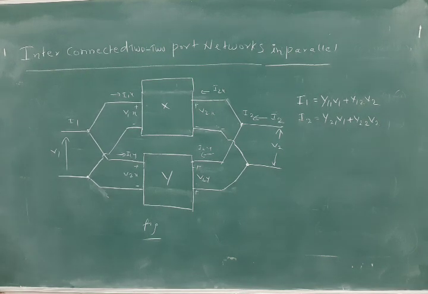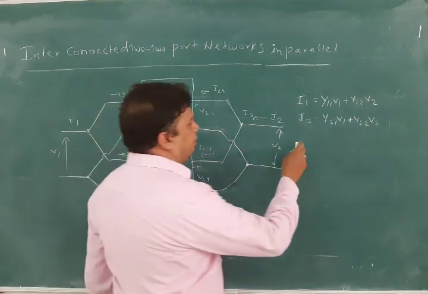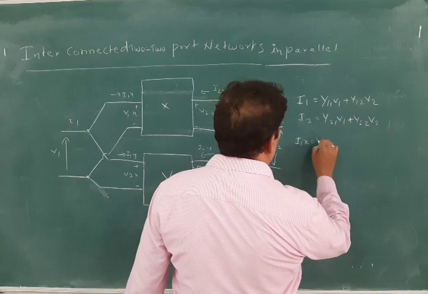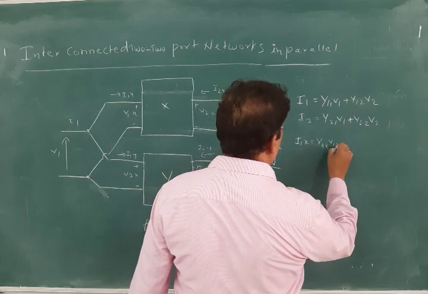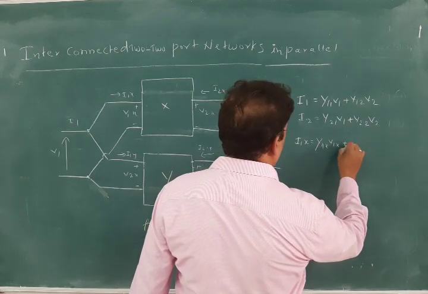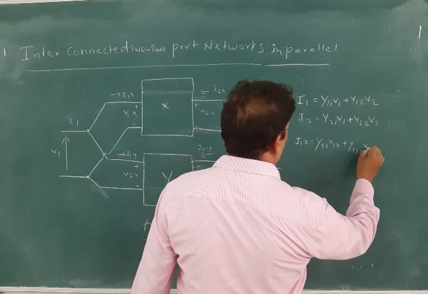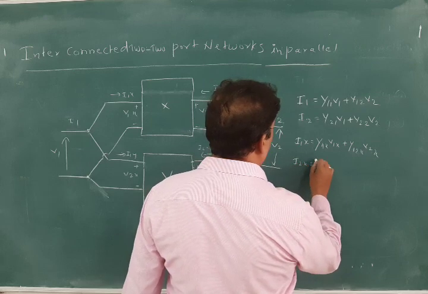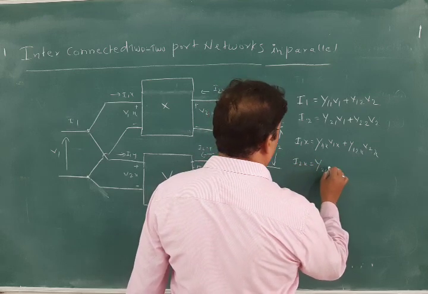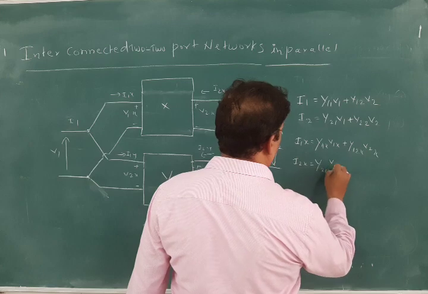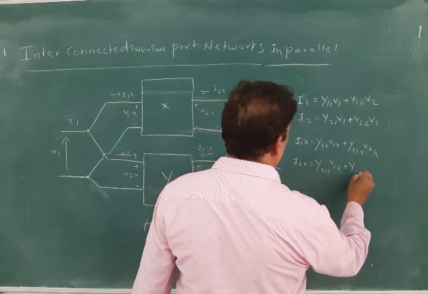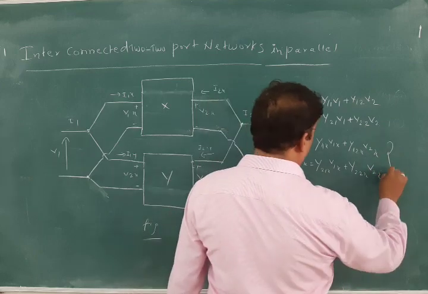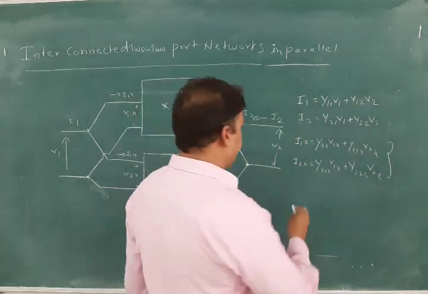We will start writing the equations here. I1X is equal to Y11X V1X plus Y12X V2X, and I2X is equal to Y21X V1X plus Y22X into V2X. This is for the X network. In a similar way we write for the Y network.